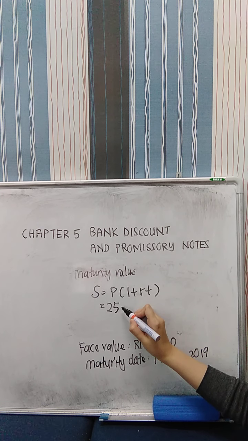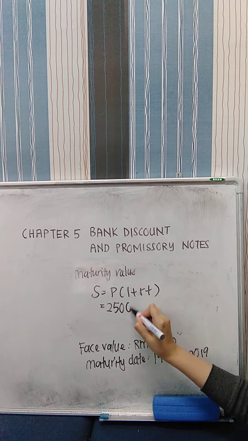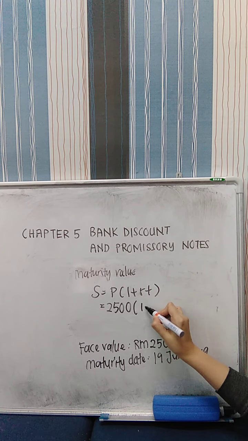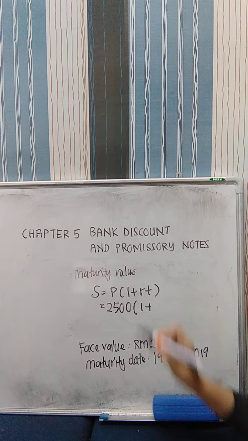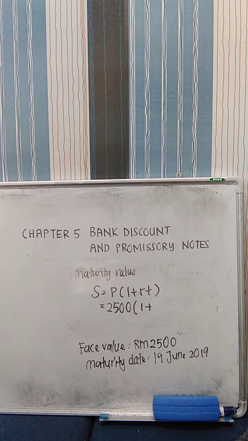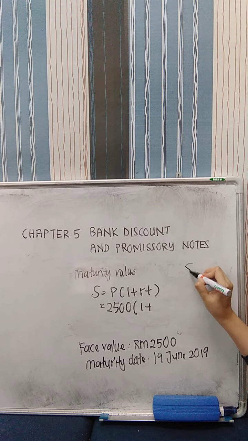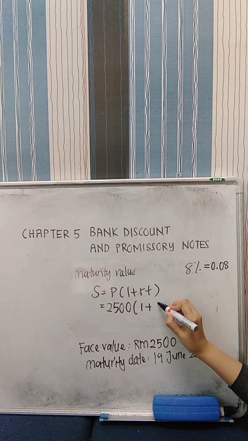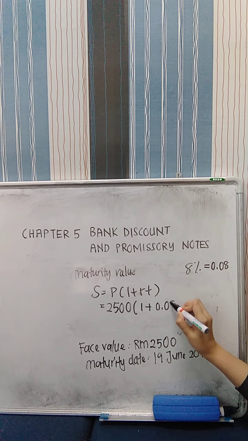Sally borrows 2,500, so the P is 2,500. 1 plus R, the interest rate. From this note the rate is 8%. 8% means 8 divided by 100, 0.08.